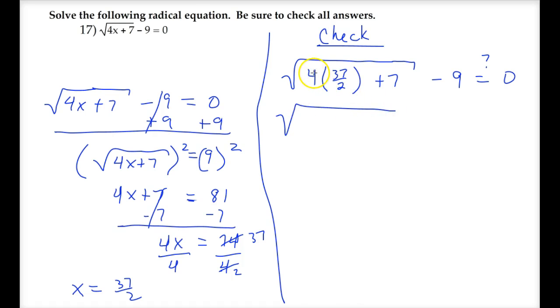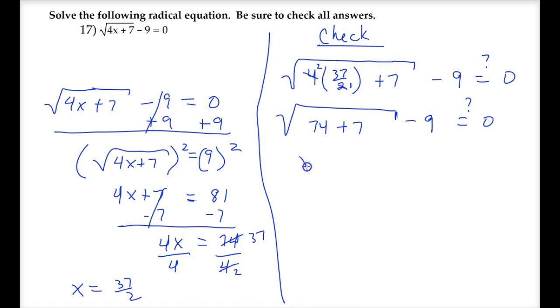So here we know that 4 times 37 over 2, this 4 is like 4 over 1, so we can reduce 4 and 2 here to just 2. So 2 goes into 4 2 times, 2 goes into 2 once, and of course 2 times 37 is just 74 plus 7 minus 9 equals 0, question mark.